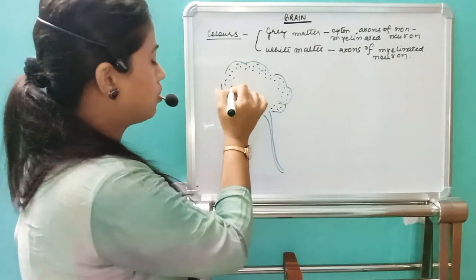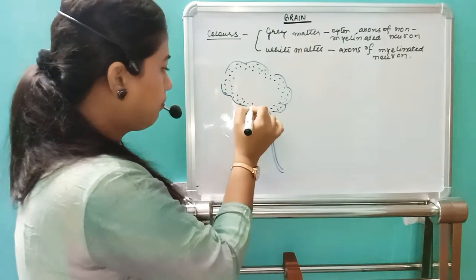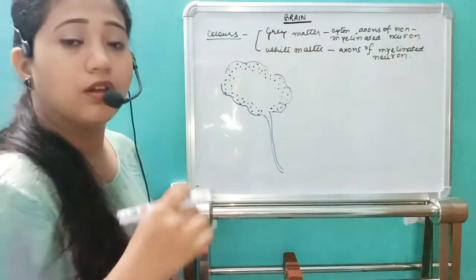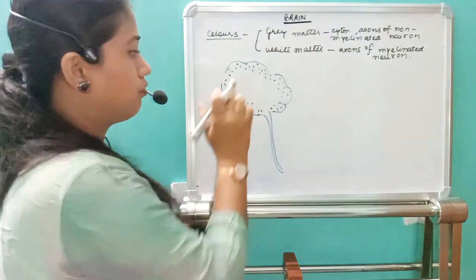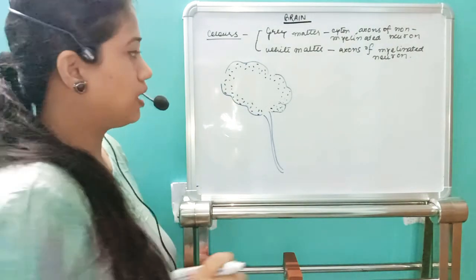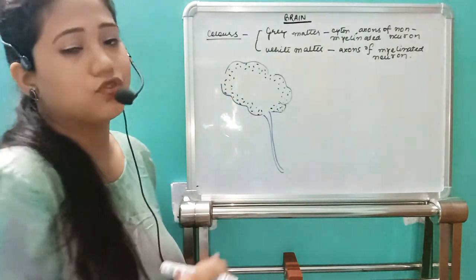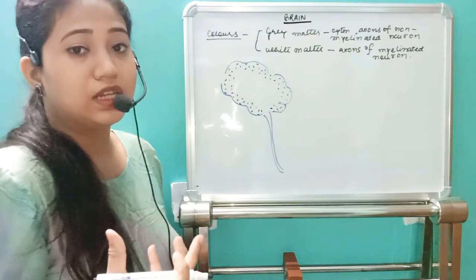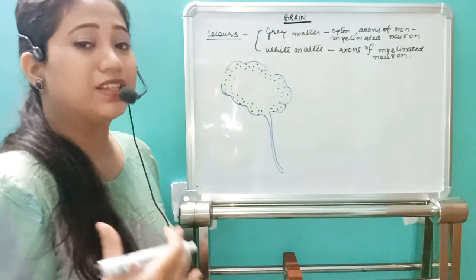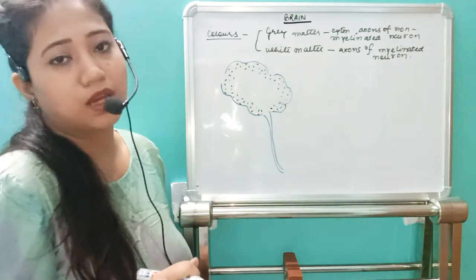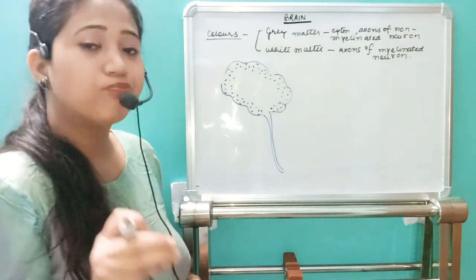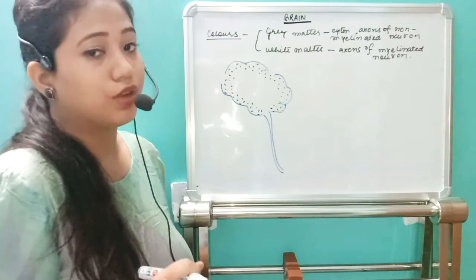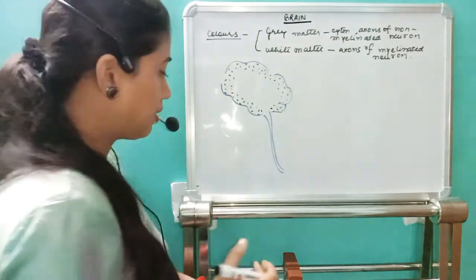That's why it appears grayish in color, and centrally we have white matter, because in this region we have the axons of myelinated nerve fibers, since myelinated neurons can conduct the impulse faster compared to non-myelinated nerve fibers. So that's why in the center of the brain we have white matter.